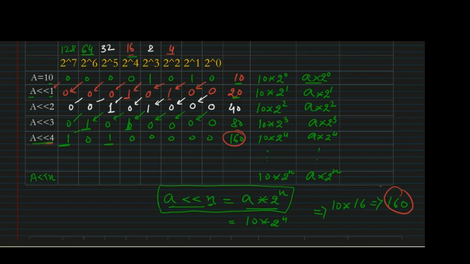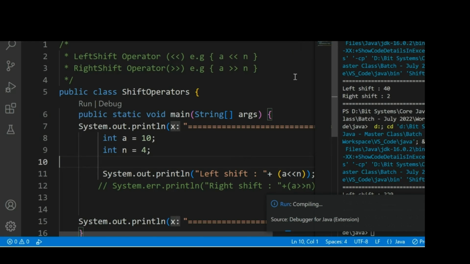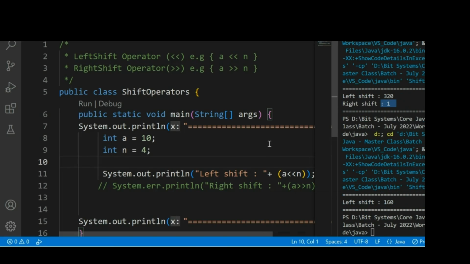So let's see it in VS Code. Let's say A is equal to 10 and B is equal to 4, and I want to shift 10 towards left 4 times. What should be my output? It should be 160. So here we go.